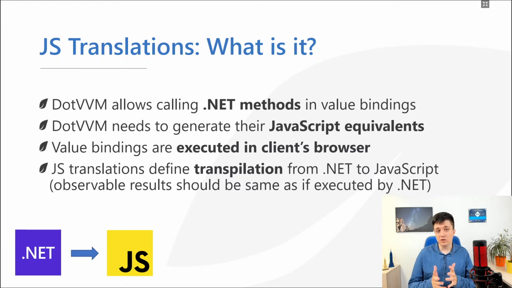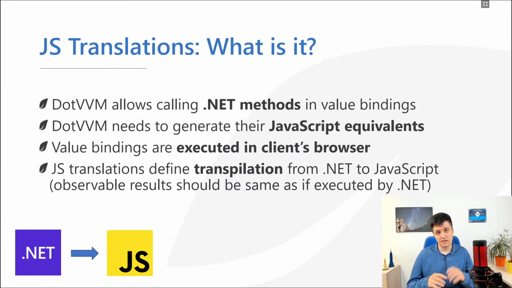As you all know, .vvm makes it possible for you to call certain .NET methods inside your value bindings or your static commands. In order for this to work, however, .vvm needs to know their JavaScript equivalents. And I'll describe in a few seconds what I mean by this equivalence.